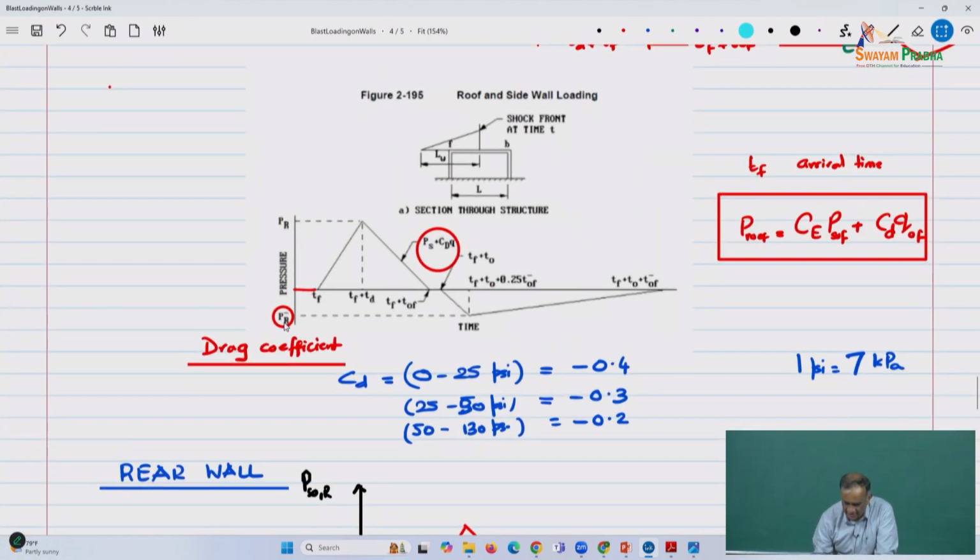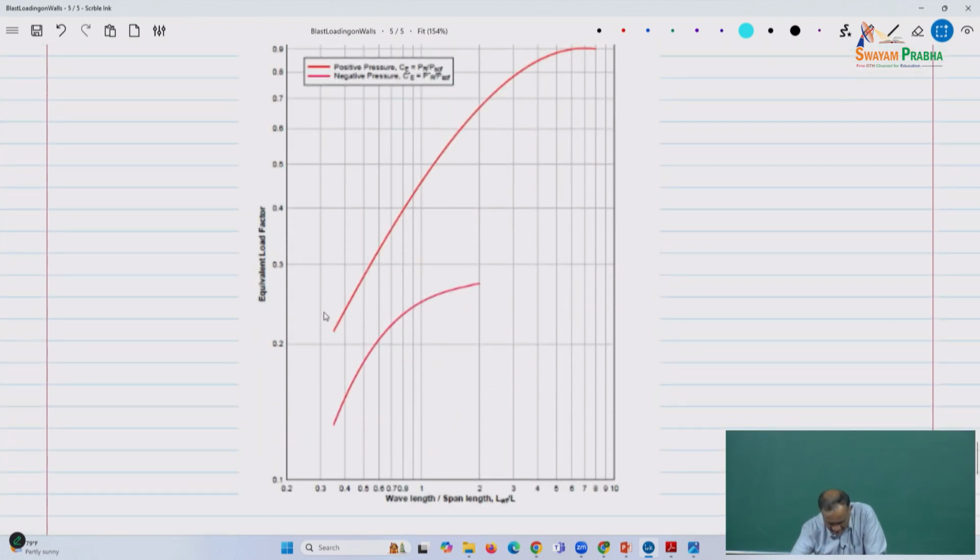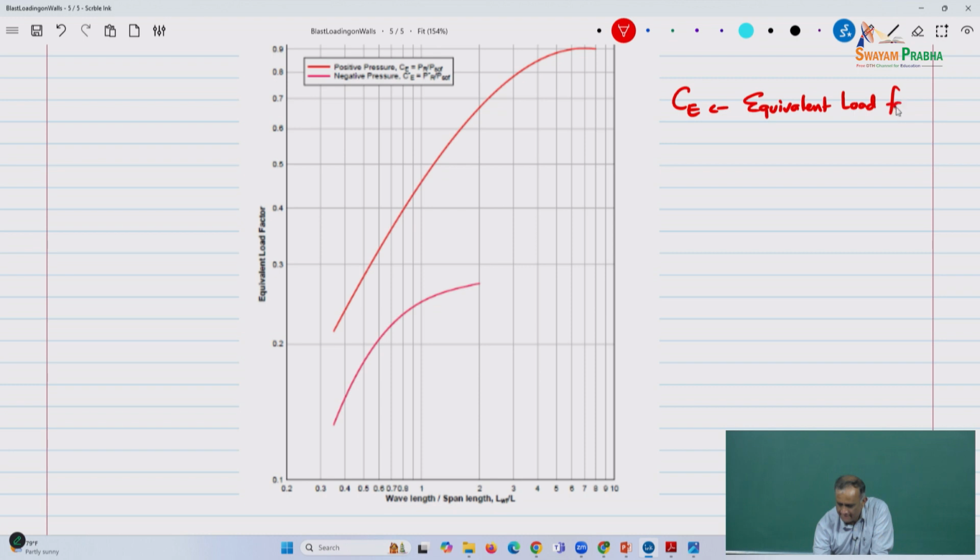So, CE is what is known as the equivalent load factor, and it's a function of the wavelength to the span length that you consider. CE is an equivalent load factor. Basically, what is it doing? It is giving a coefficient for you. Again, it goes from 0 to 1.